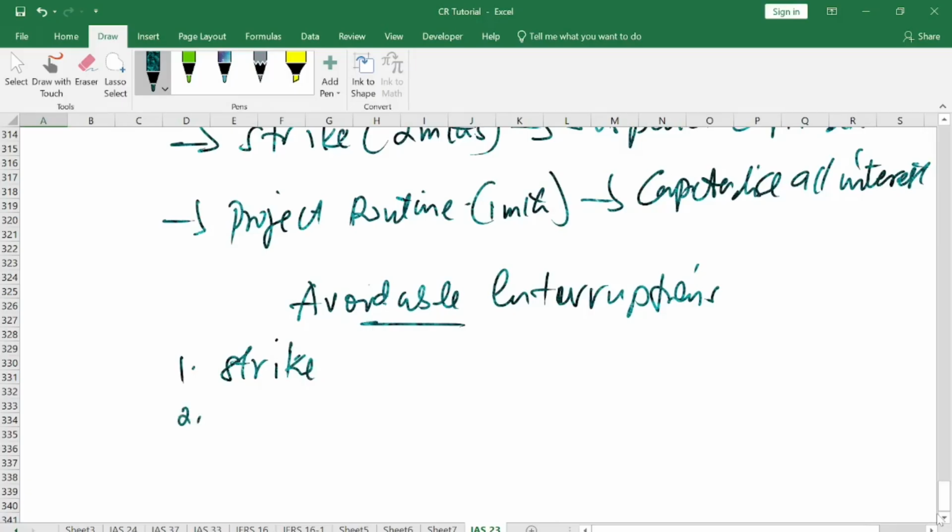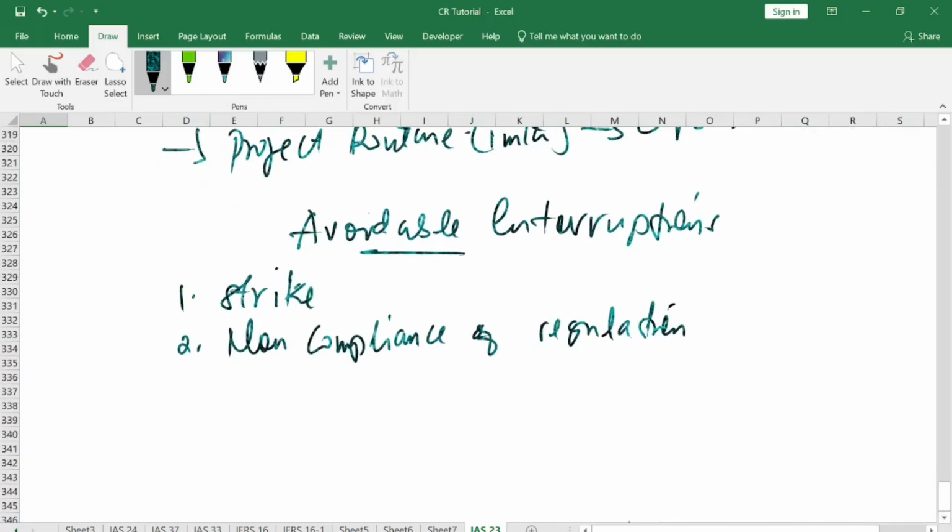Two, non-compliance of regulations. There are some regulations that you have to comply with before you start. If you didn't comply with all those things and you started building, when there's an interruption, you suspend the capitalization, but rather expense it in the P&L.